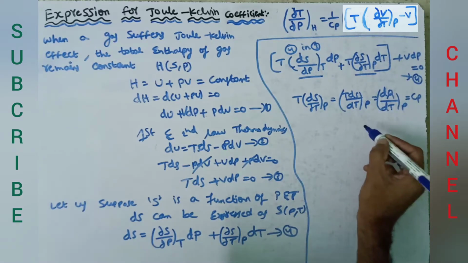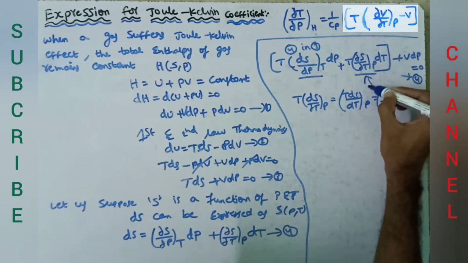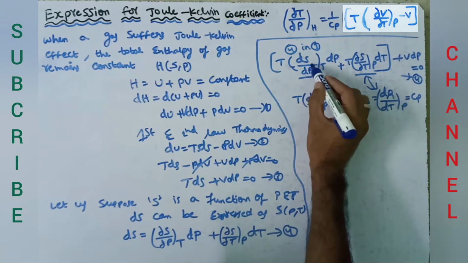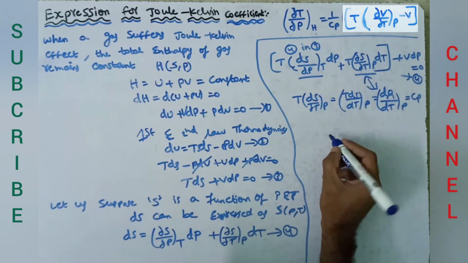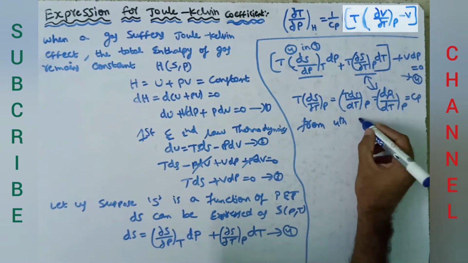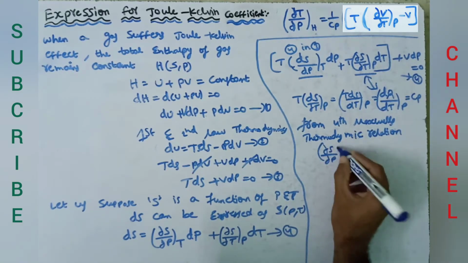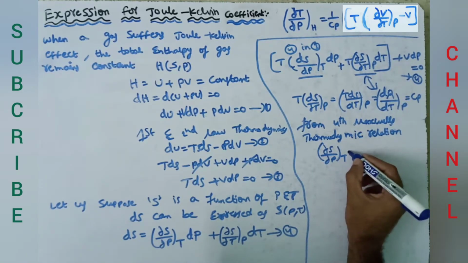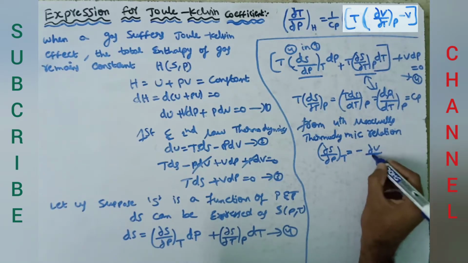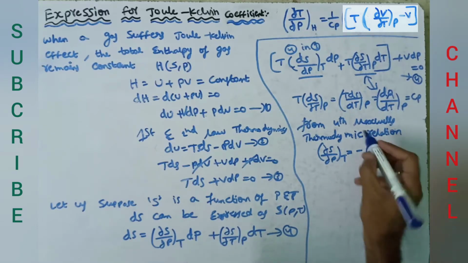Now we replace dou S by dou P of T using Maxwell's fourth thermodynamical relation. Dou S by dou P of T is equal to minus dou V by dou T of P. This is the fourth Maxwell thermodynamical relation.